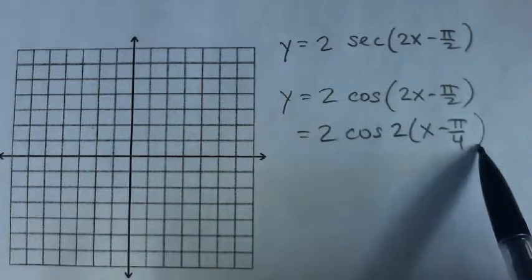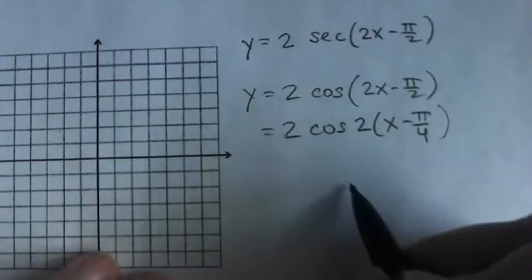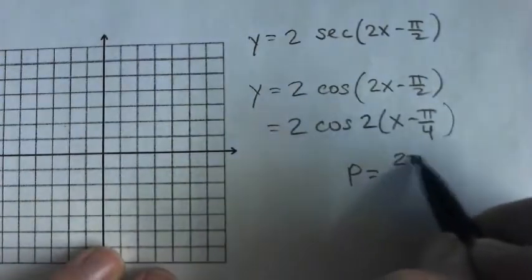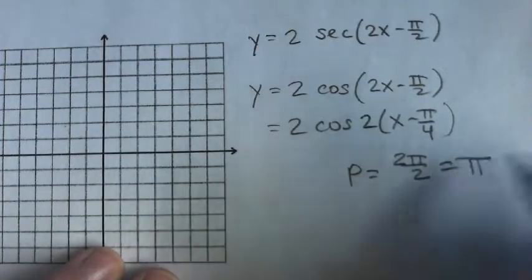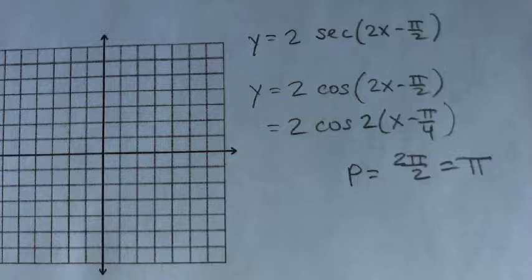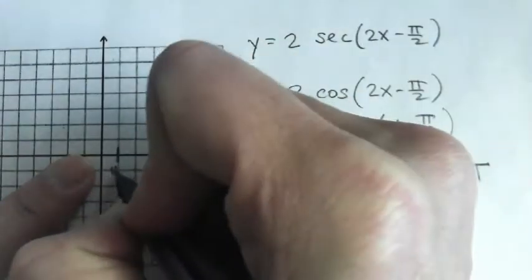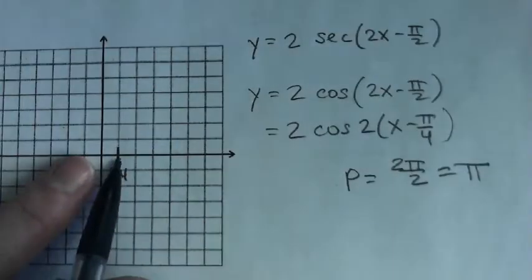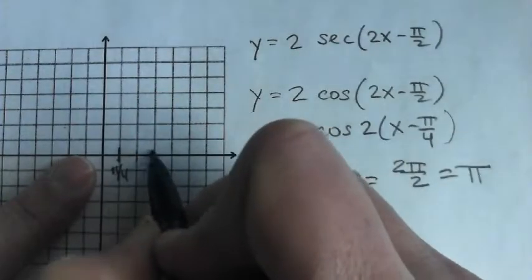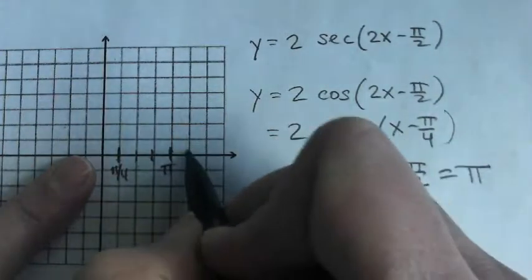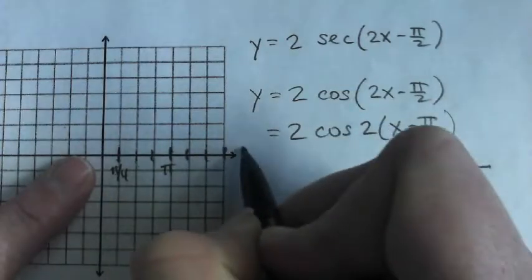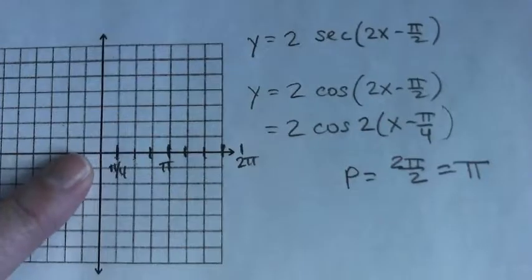So we have a shift pi over 4 again, and a period of pi, just pi. So we're shifting right pi over 4, so I'll count by fourths again, and then I have 2 pi over 4, 3 pi over 4, 4 pi over 4, 5 pi over 4, 6 pi over 4, 7 pi over 4, 8 pi over 4.